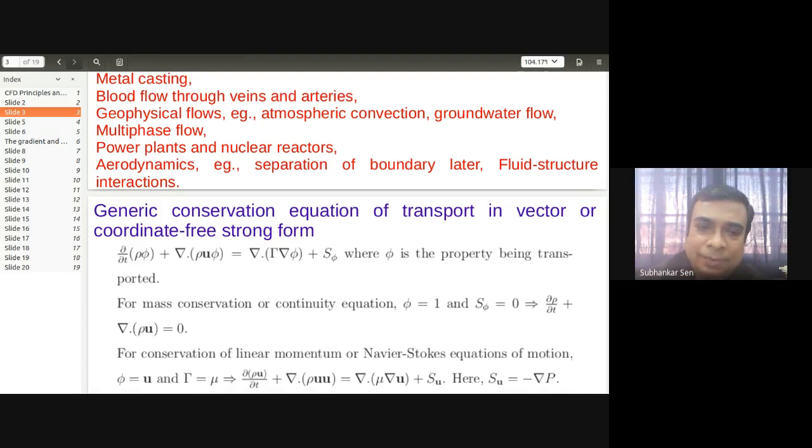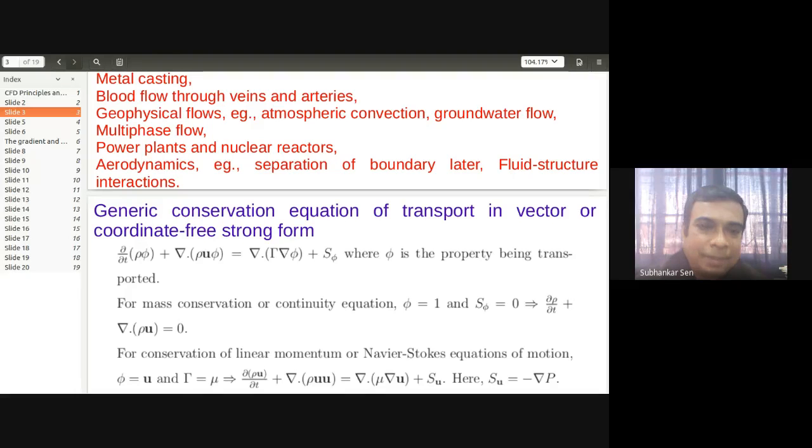If we are able to integrate this equation directly, then direct integration will give us, suppose at a particular point, at a particular time, the value of u is 5 meter per second. By integration, if it gives you 5 meter per second, then we are getting an exact solution.